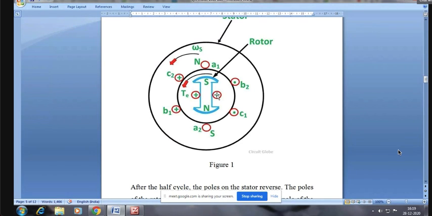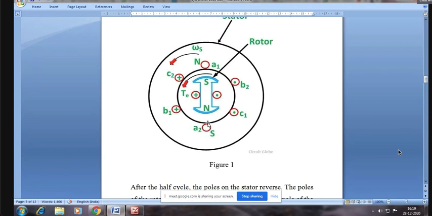Yes, sir. And here, for the explanation purpose, we have considered the rotor to have two poles, south top, north bottom. And further, at some position of the stator magnetic field, the stator has its north pole on the top and south pole on the bottom.